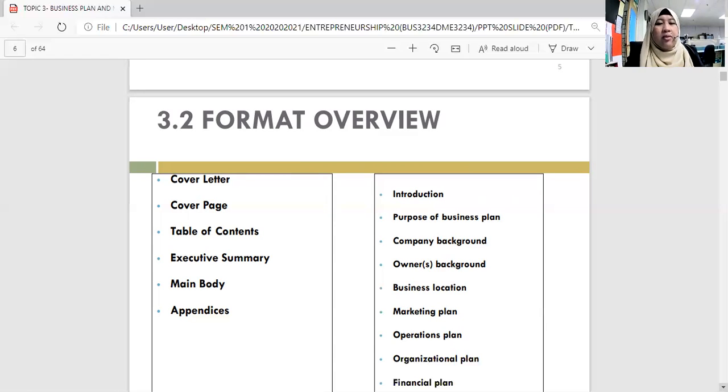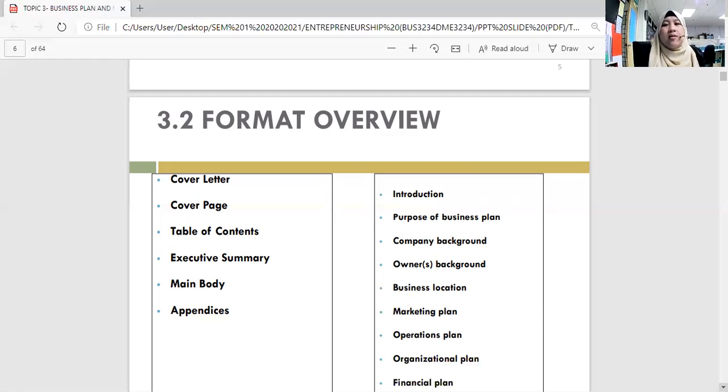And we have the cover page, the table of contents. For the table of contents, we can just refer to the format in Microsoft Word.